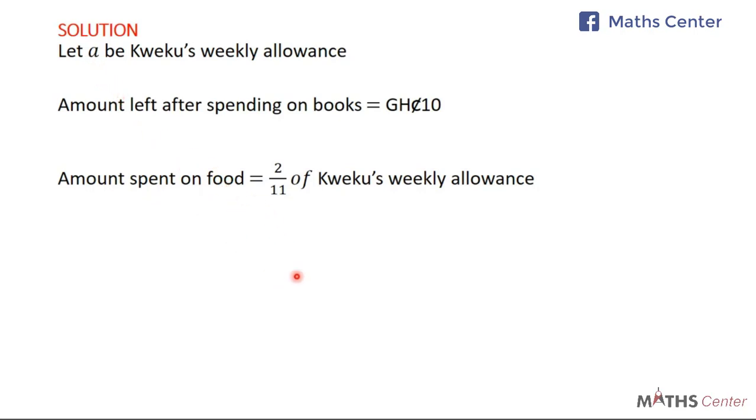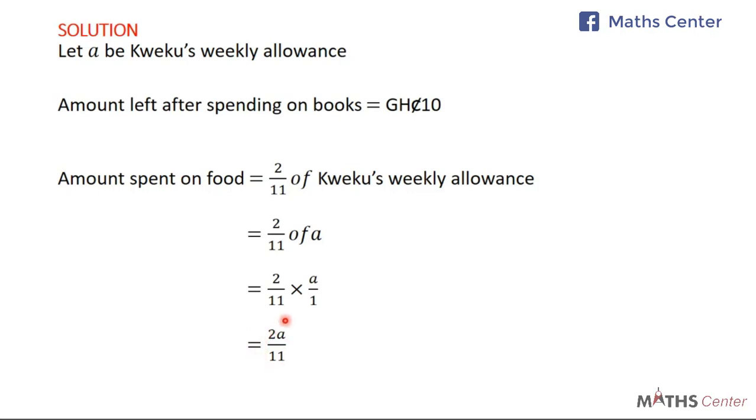He spent 2/11 of that on food. 2/11 of A is 2/11 times A/1, and A/1 is the same as A, so we have 2A/11. This is the amount he spent on food.